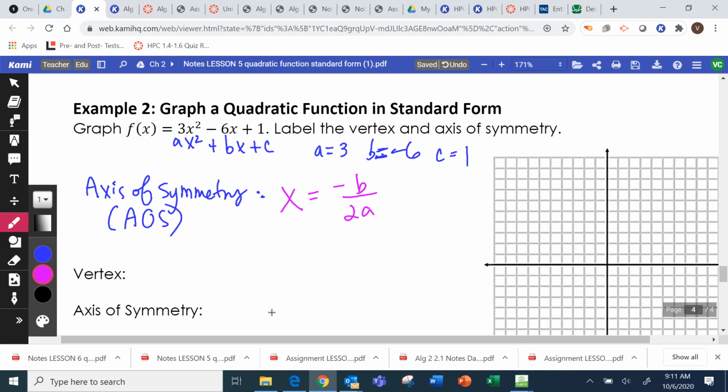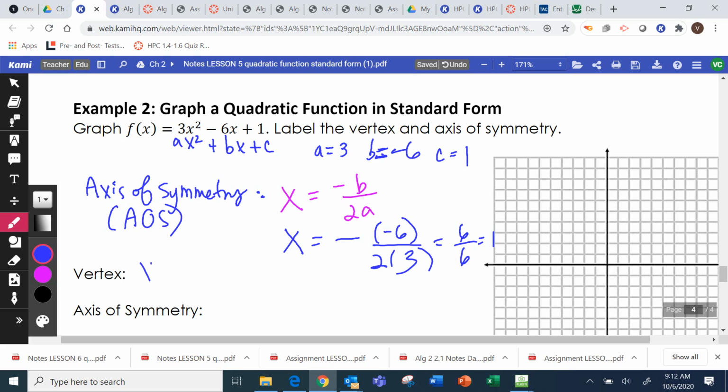And then we're going to plug in things. We do negative. Now we're going to plug in b, which is negative 6, over 2. Then we're going to plug in a, which is 3. So I plugged in b, I plugged in a. And I simplify that. I get positive 6 over 6, which is 1.